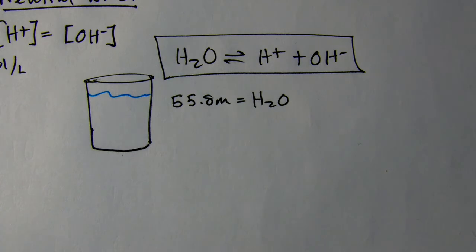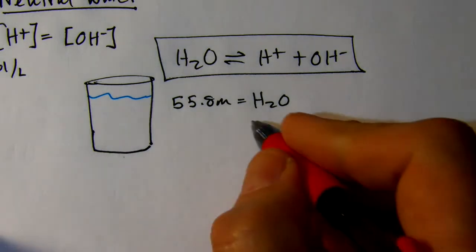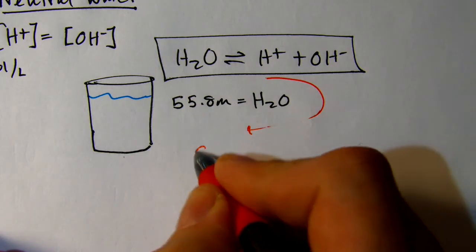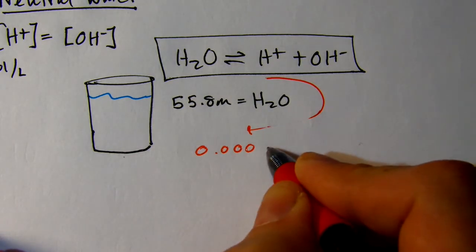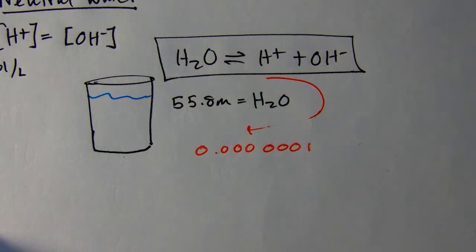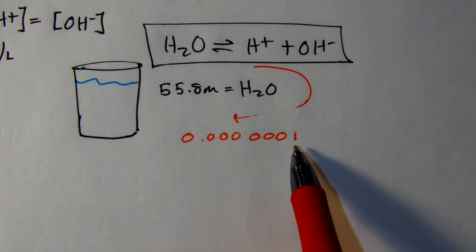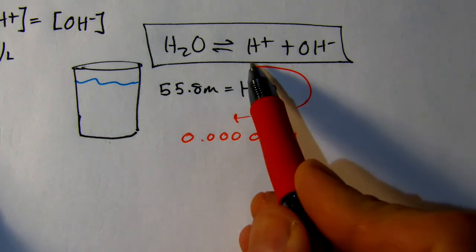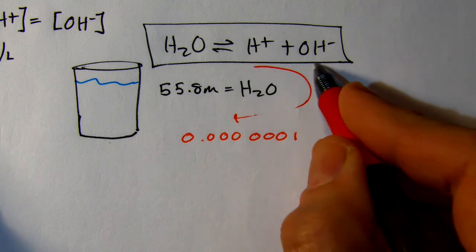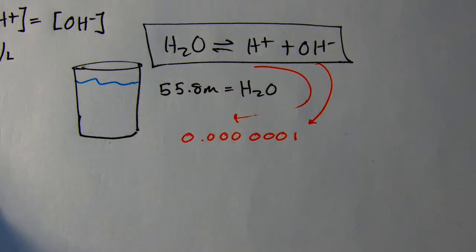Okay, so how much do they break apart? Let me give you an idea, okay? This concentration is that number, okay? This is 1 out of 10 million. So maybe that gives you an idea that that's pretty small. 1 out of 10 million parts is an H plus. And it's the same for this guy too, right? They're equal.